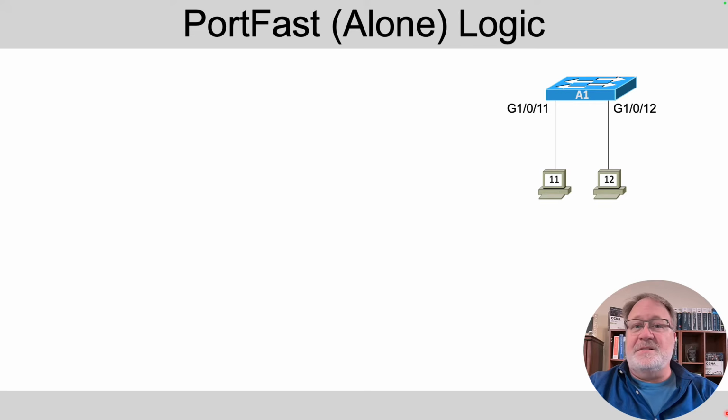So to set the stage, think about what PortFast does alone with no other features enabled, not BPDU filtering, not BPDU guard, just by itself. So we've got these two ports. We've enabled PortFast on each. Part of the normal process is to select those ports to be a designated port because those PCs aren't even participating in spanning tree.